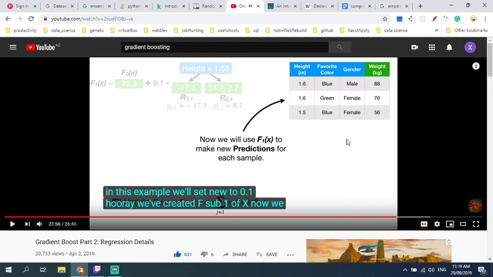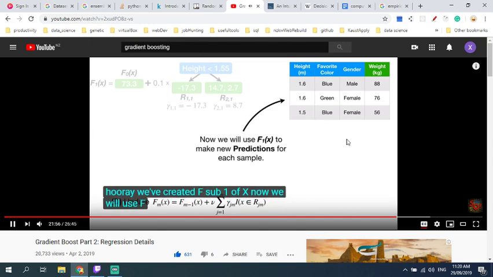Now we will use f sub 1 of x to make new predictions for each sample.